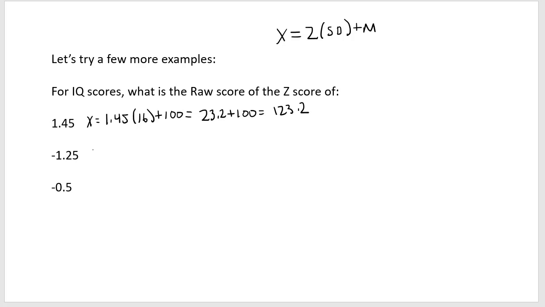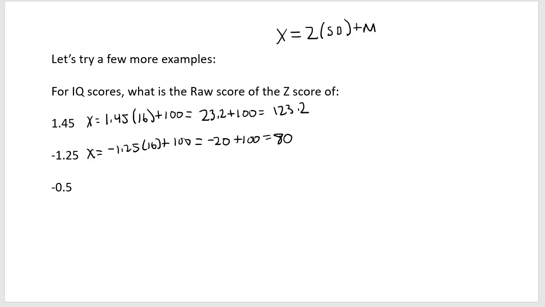For negative 1.25, x is equal to negative 1.25 times 16 plus 100, which is equal to negative 20 plus 100, which is equal to 80. So if you had a z-score of negative 1.25, your raw score, your IQ, would be 80.